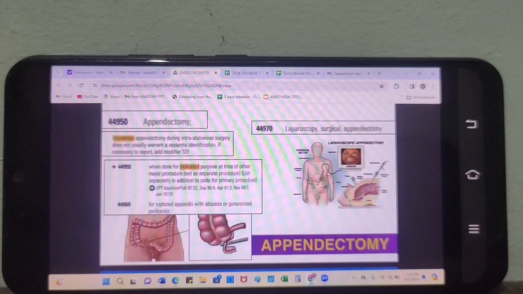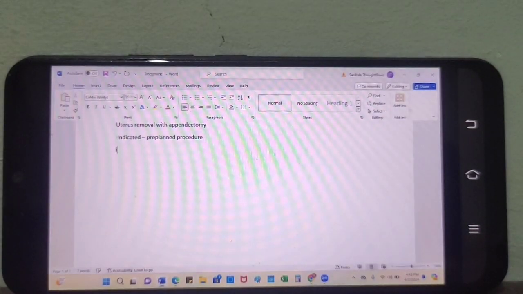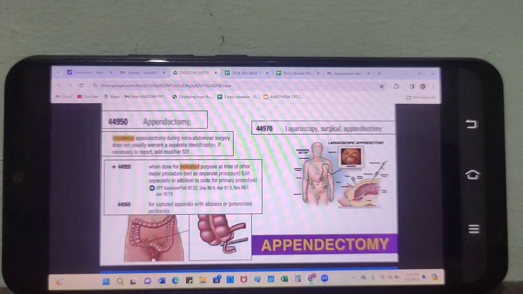Incidental means on-the-spot findings. On the spot, incidentally, accidentally. So during another major surgery only, accidentally the doctor identifies the appendix problem and removes the appendix.